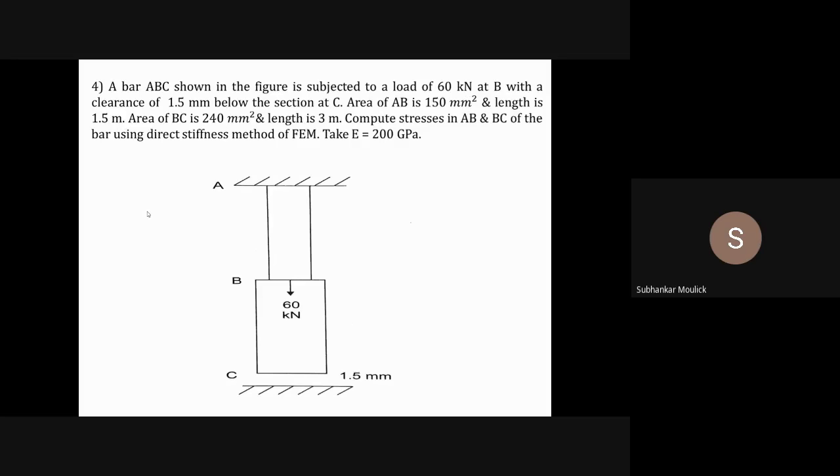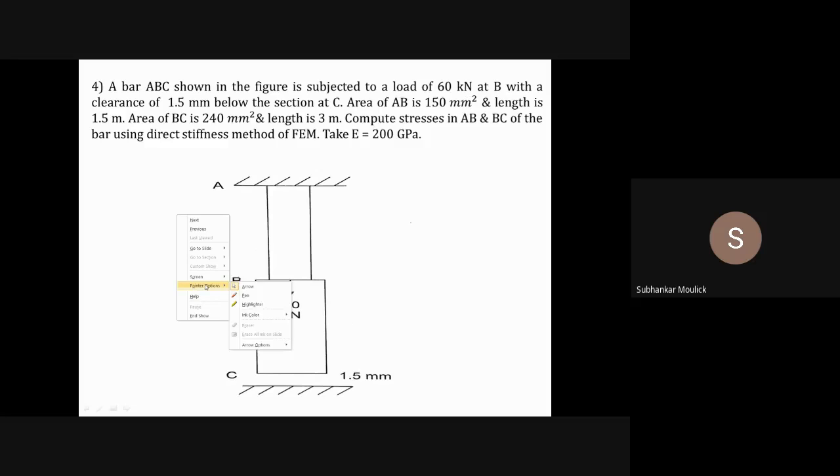Area of BC is 240 millimeter square and length is 3 meter. Compute stresses in AB and BC of the bar using the direct stiffness method of FEM. Take modulus of elasticity E equal to 200 gigapascal.